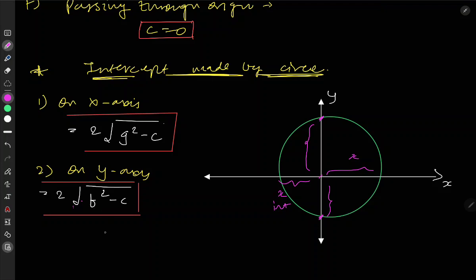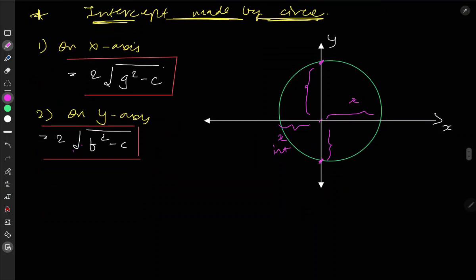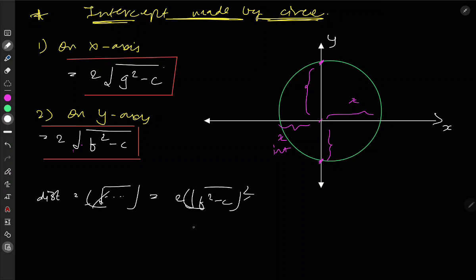The intercept would be the distance, and this distance would be given by some root formula, which we equate to this f square minus c, and on squaring both sides the root would go. So there would be two values, which we can see graphically now.